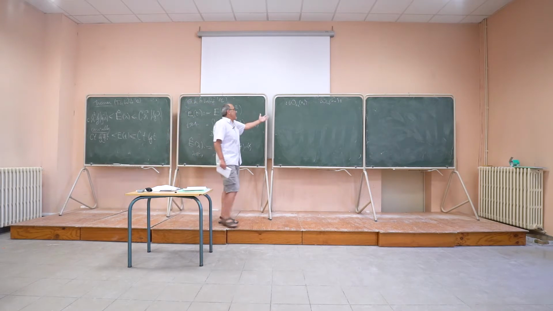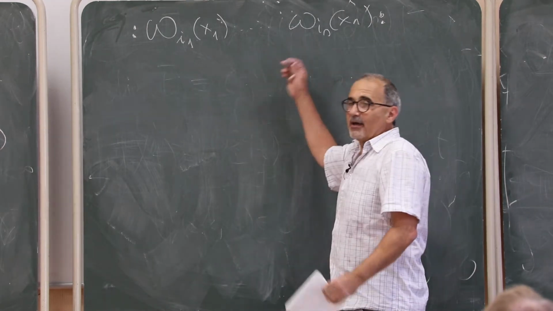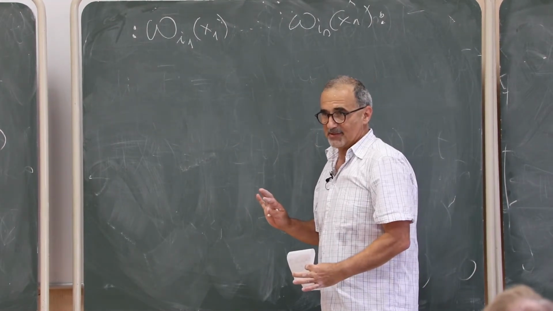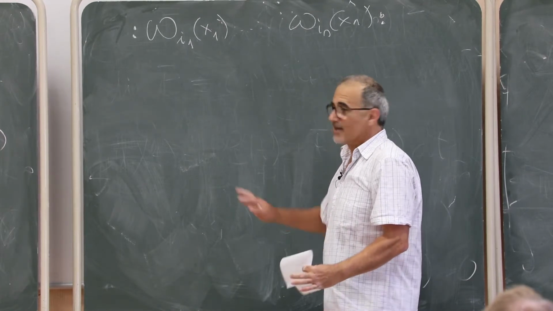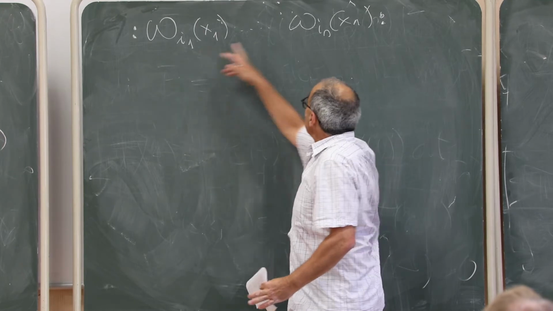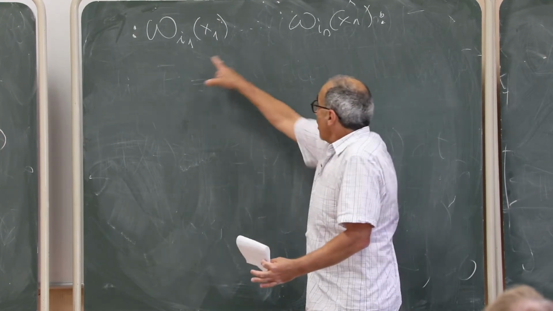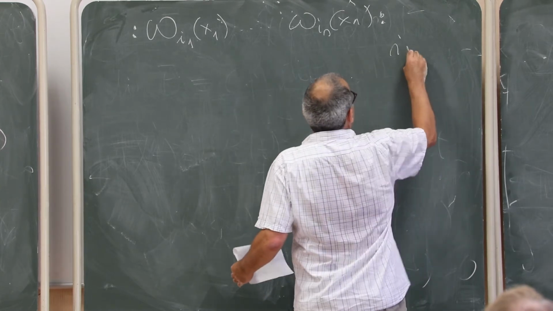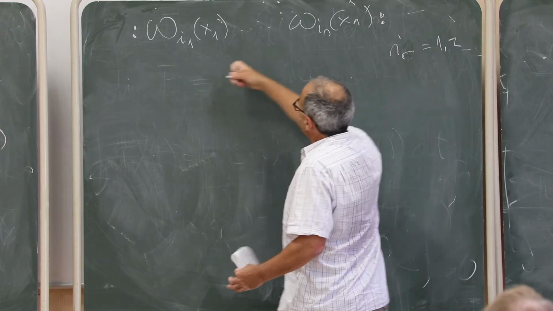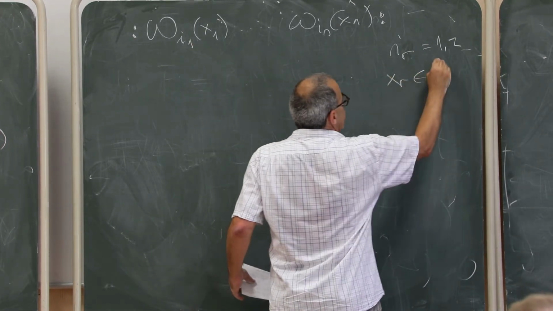And this will actually be a polynomial expression on this guy and subsets of these guys. So it's indeed a polynomial on the omegas of power n, right? And I1 to In is 1 to 2 because these have two components. Each I_R is either 1 or 2 depending on which component of omega, and x_R is in R2.